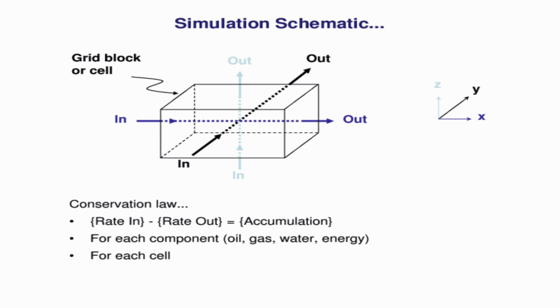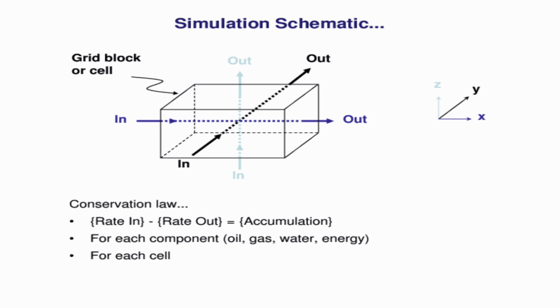Of course, we have to do that for every component, right? And so in a real reservoir, there's many components, many phases, right? So there's oil and water and gas, all these different little species that could be in each block, right? In this class, we'll primarily just deal with two-phase, oil and gas, and then we do this for every cell.